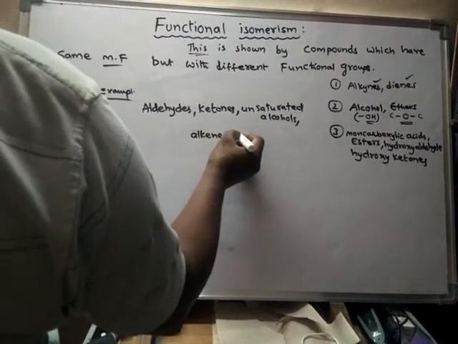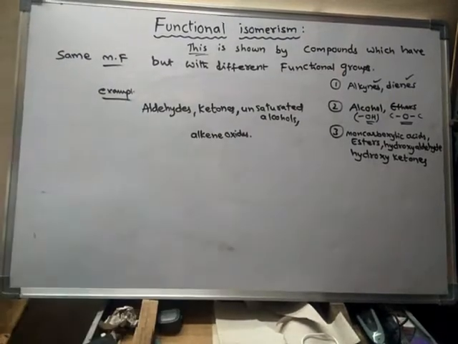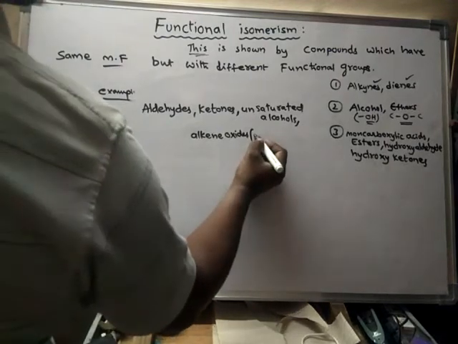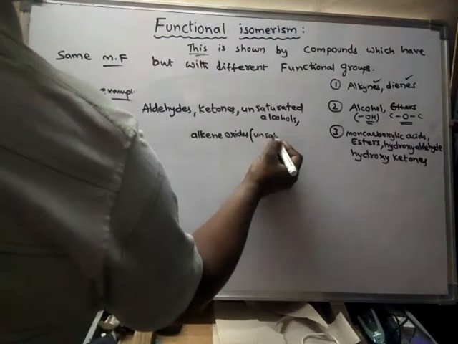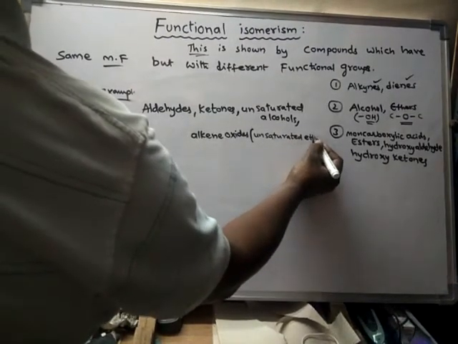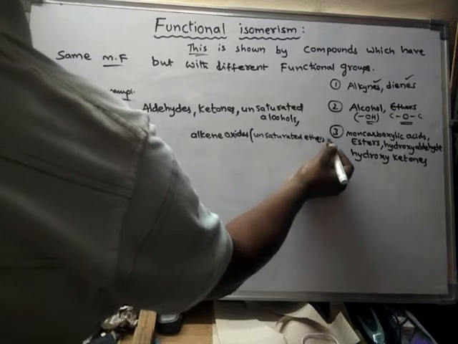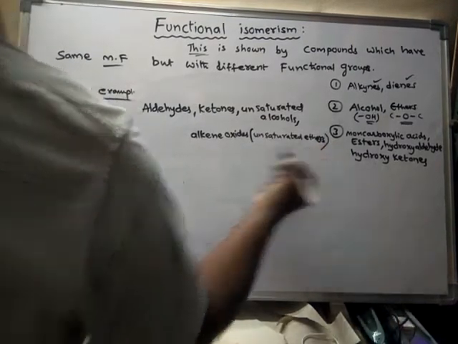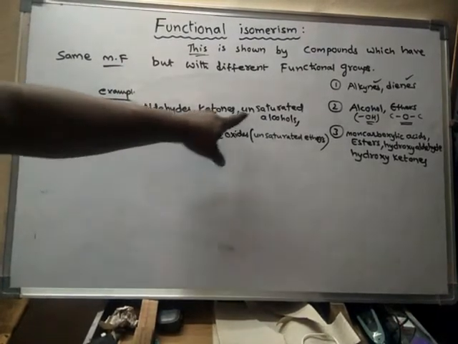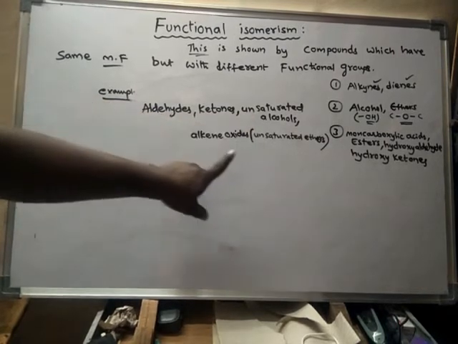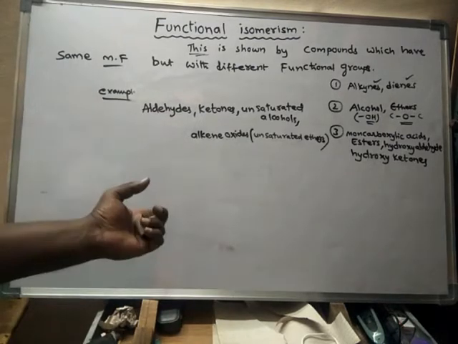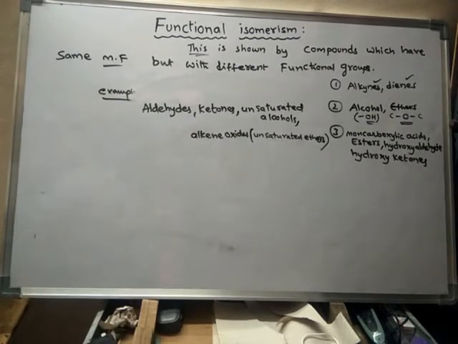Alkene oxides are also called unsaturated ethers. Okay, see, aldehydes, ketones, unsaturated alcohols, and alkene oxides. So these four types of compounds are functional isomers to each other.